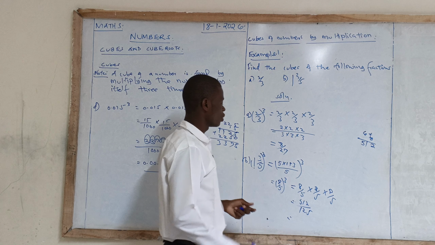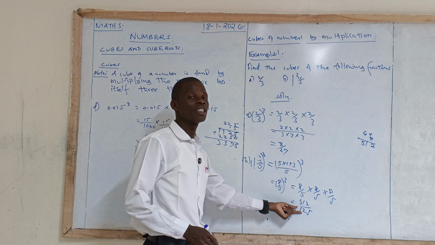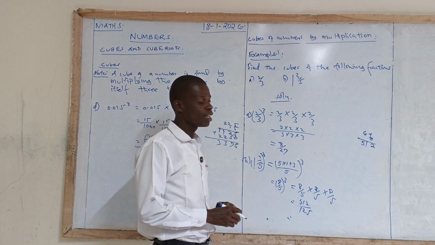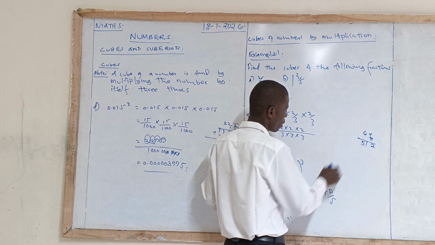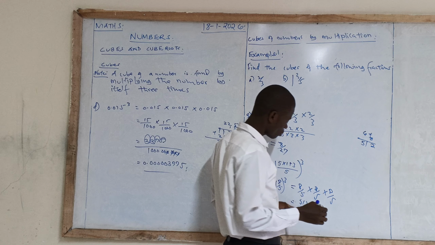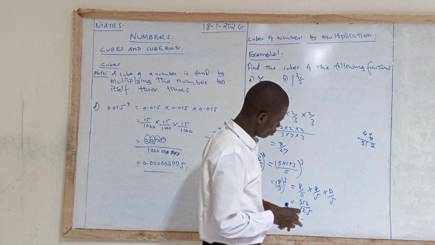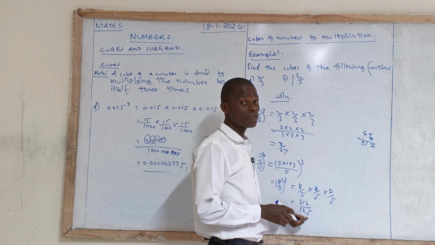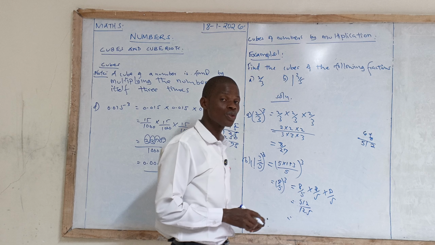So we have an improper fraction. We were given a mixed number, so we cannot leave it like this. We have to write it as a mixed number. 125 times 2 is 250. 250 times 2 is 500.